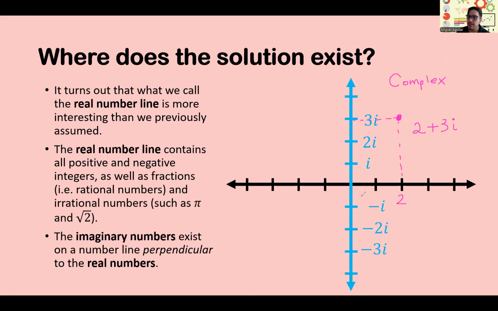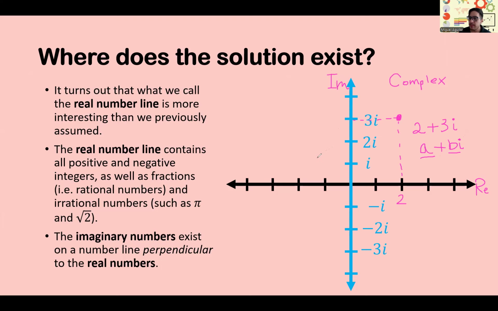Okay. So now our number system has these points which may or may not have a real part and may or may not have an imaginary part, but if it has both, we call that a complex number. And in general, a complex number is written as a plus bi, where a represents the real part from the real number line, and the b represents the imaginary part that we can just count off from the imaginary number line.